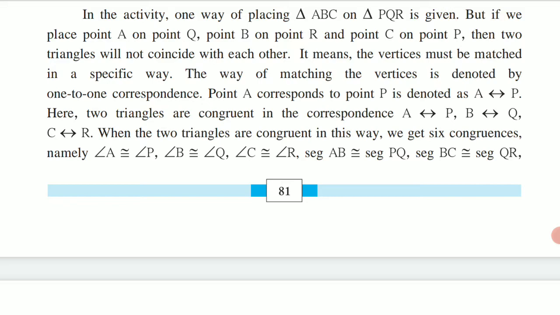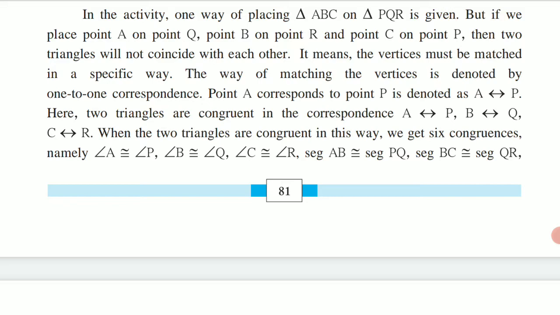The way of matching the vertices is done by one-to-one correspondence. Point A corresponds to point P is denoted as A corresponds to P. Here, the two triangles are congruent in the correspondence A corresponds to P, B corresponds to Q, C corresponds to R.